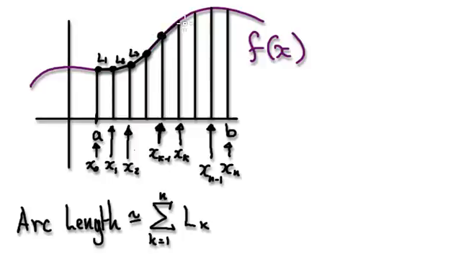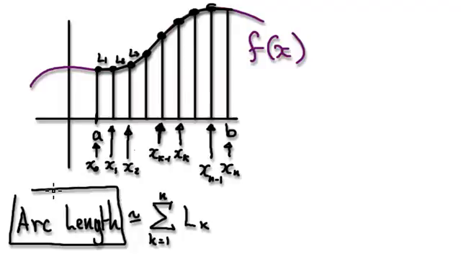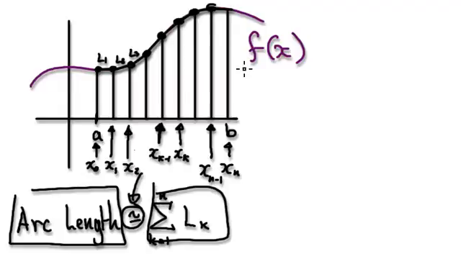So we are summing up all the straight lines. So the arc length is approximately the sum of all the capital L's.